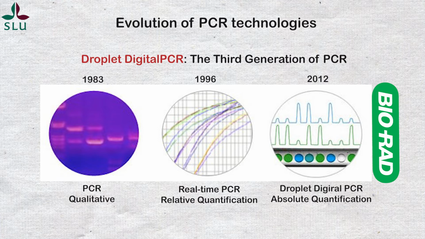But this could be partially addressed a few years later by the invention of molecular probes and real-time PCR in the mid-1990s. But it was not until the launch of ddPCR in 2012 that a technical solution offering absolute quantification emerged on the market.